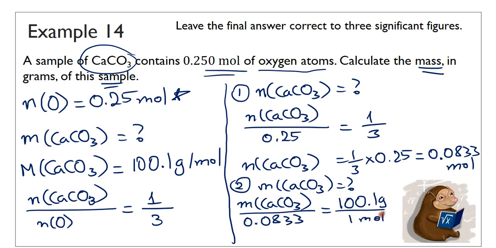So this is the molar mass of calcium carbonate. So from here, I can just work out the mass of calcium carbonate, which is 0.0833 times 101. And let's try to squeeze in the answer. 8.34 grams. Box final answer, correct to 3 significant figures. I don't actually need the extra space.